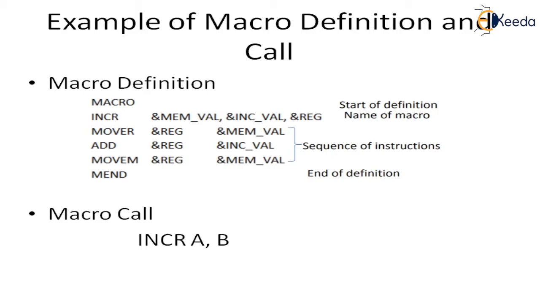For example, INCR with a memory value, increment that value, store it in the register, and so on. Move to the register using the register reference and the memory value reference. Then add that register to the increment value. After that, move to the memory using the register and memory value. So this is the macro definition. And for the macro call, we use INCR A, B.